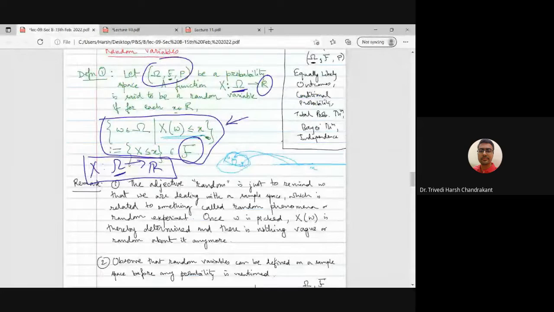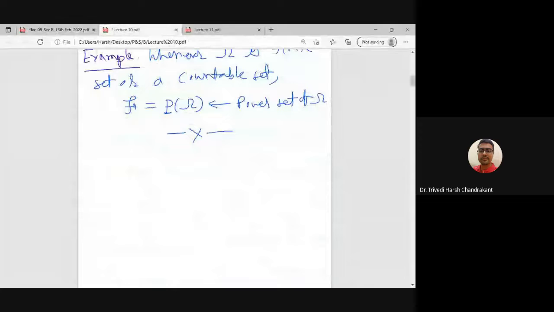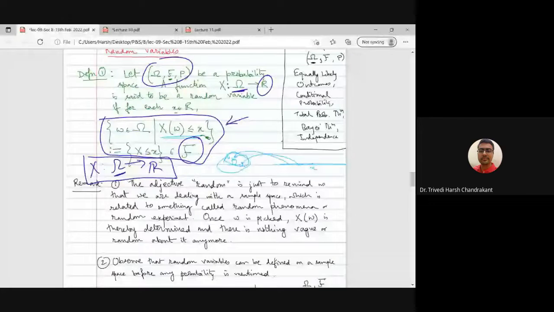A random variable is a function from omega to R, and since we are taking all the subsets of omega, this property is anyway going to be satisfied. So we don't need to check that this set is an event, because we are taking the power set. All the subsets of omega are events.